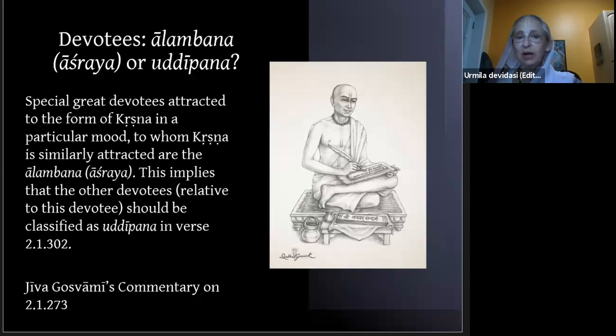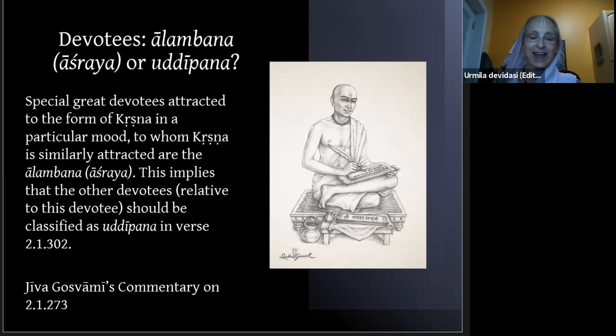You have a mood that you're one of Krishna's cowherd boys. So the other cowherd boys would be for you Ashraya. And devotees in other staibhavs would be udipana.